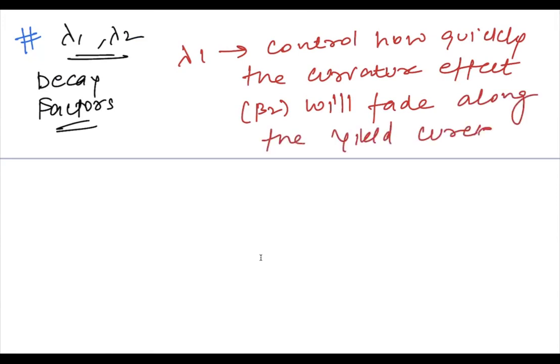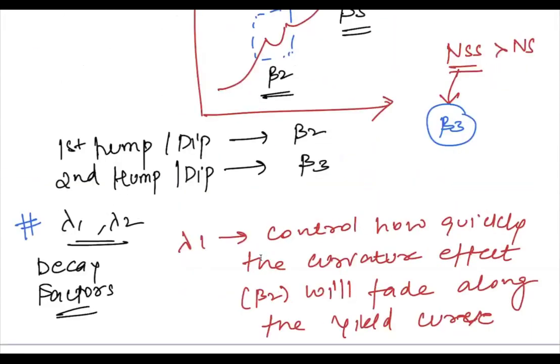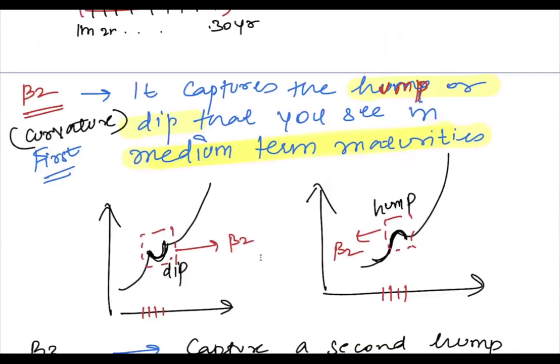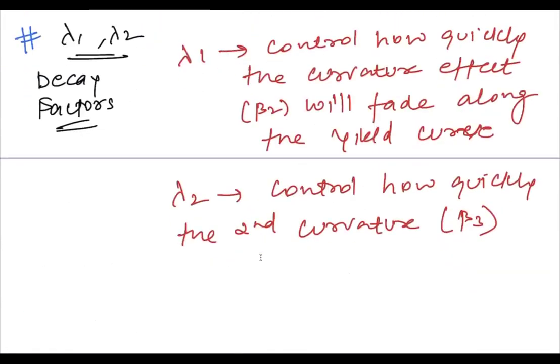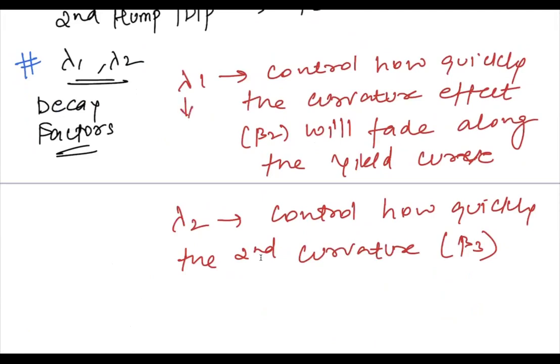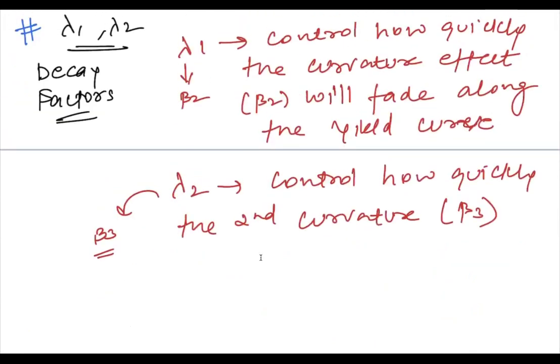Similarly, lambda 2 controls how quickly the second curvature, which is beta 3, will fade. If you remember, the first curvature is beta 2 and the second curvature is beta 3. So lambda 1 is for beta 2 and lambda 2 is for beta 3. It controls how quickly the second curvature will fade.